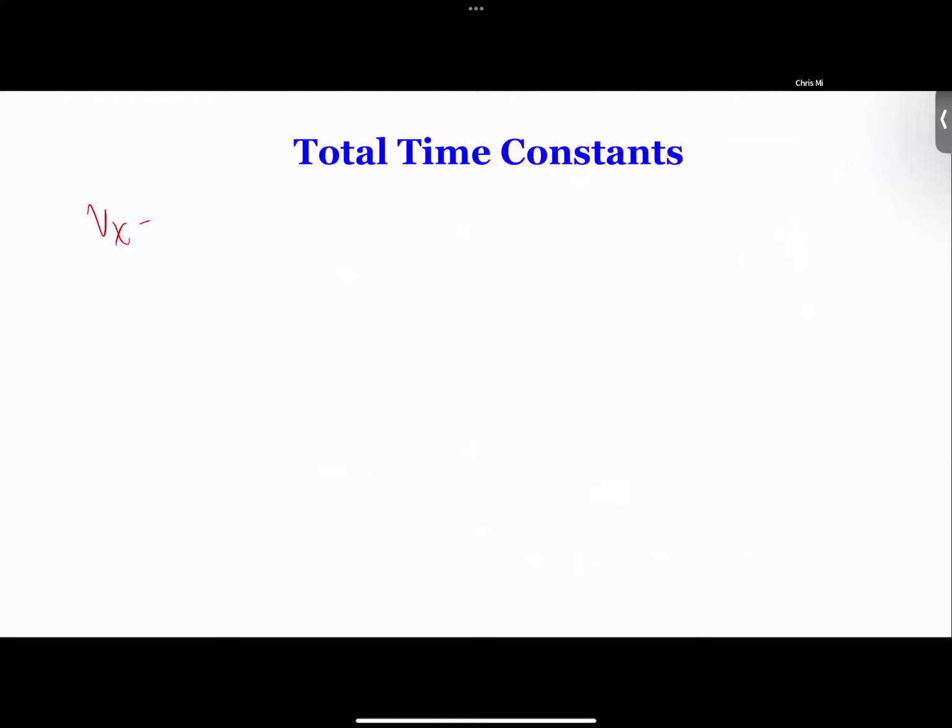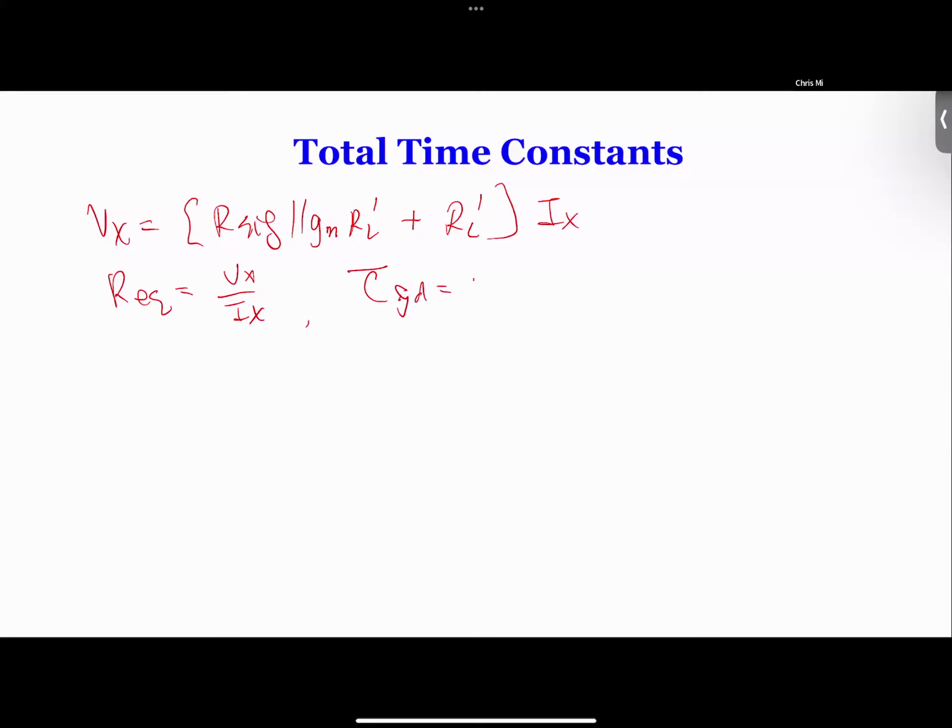It says Vx equals RSIG in parallel with GM times RL prime, plus RL prime, times IX. So here you can find REQ equal to Vx over Ix, right? And then we'll find that tau GD equals REQ times CGD.